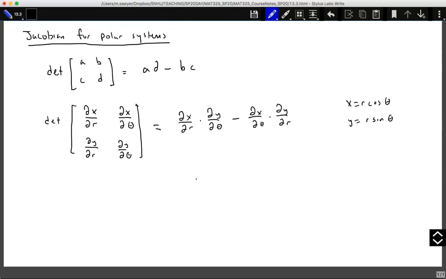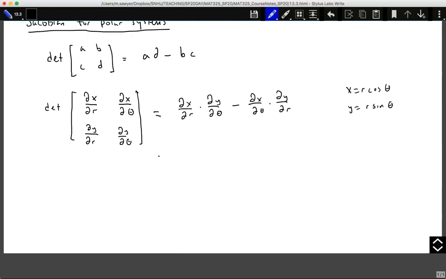So if we're looking at our determinant here, partial x with respect to r is cosine theta. Partial y with respect to theta is r cosine theta. So we have, again, y as a function of theta, so r is a constant when we're looking at the derivative with respect to theta. And then the derivative of x with respect to theta is negative r sine of theta.